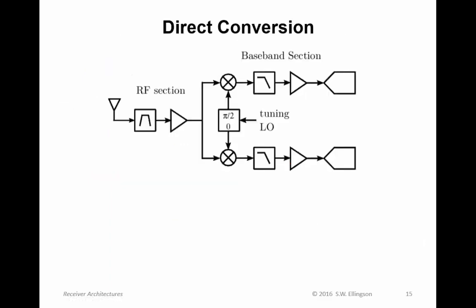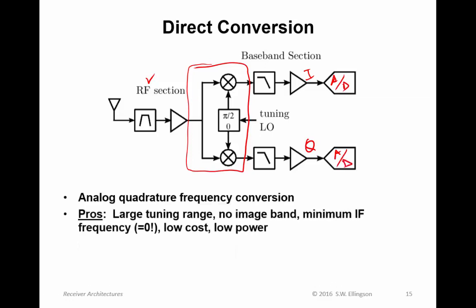Direct conversion architecture. In this case, we have an RF section and we use quadrature down conversion, as we've discussed in a previous lecture, to obtain I and Q, which is then digitized. The advantages of this technique are very large tuning range.